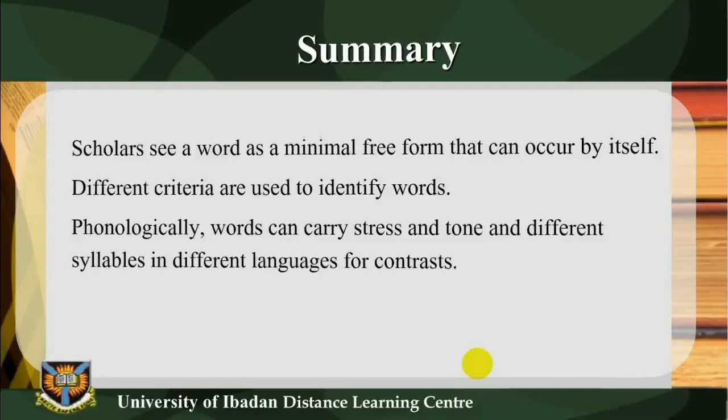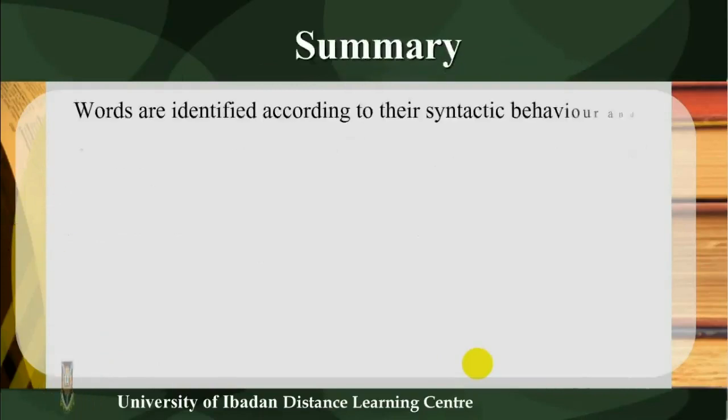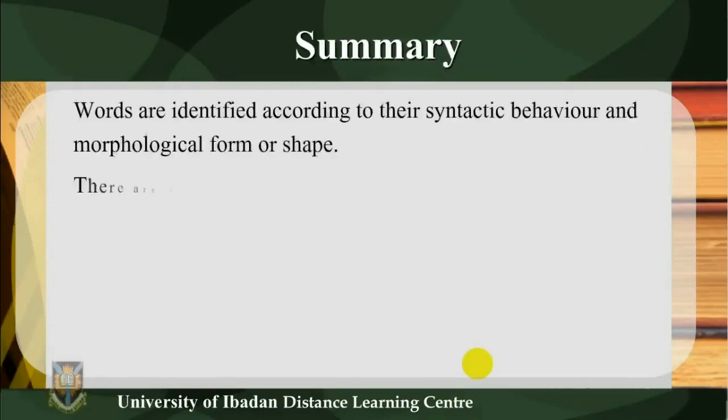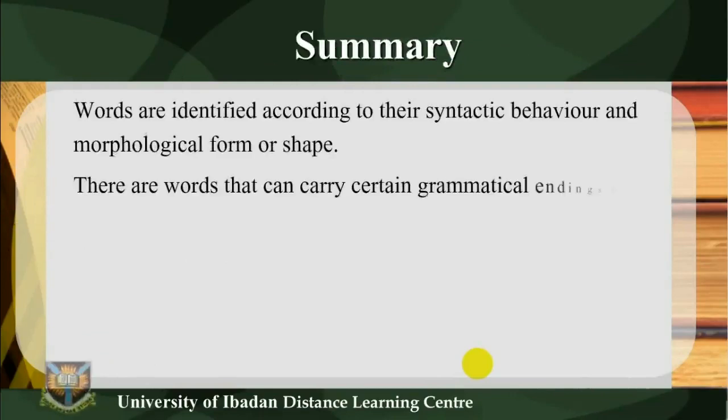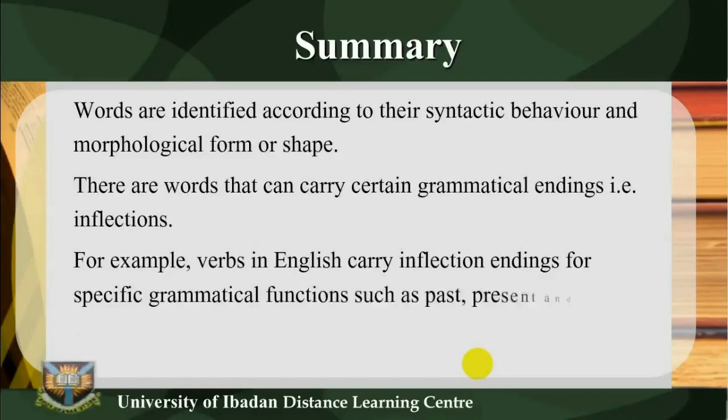Words are identified according to their syntactic behavior and morphological form or shape. There are words that can carry certain grammatical endings, inflections. For example, verbs in English carry inflection endings for specific grammatical functions such as past, present, and continuous tenses.